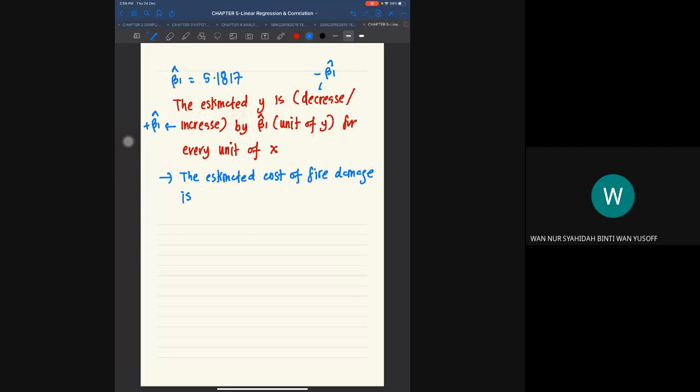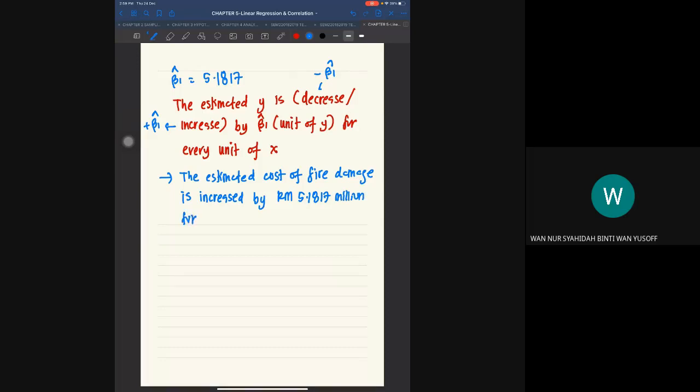It increases because of the positive slope. So it increases by RM 5.1817 million.